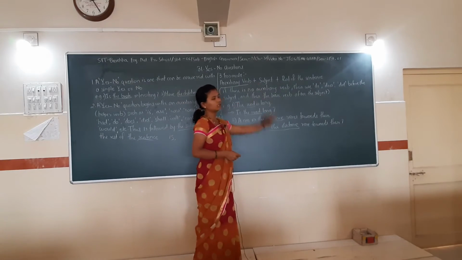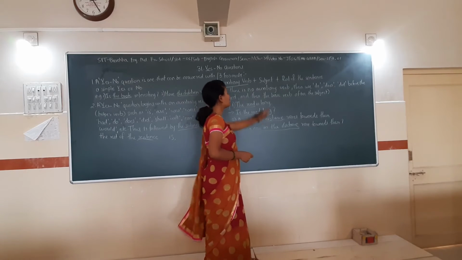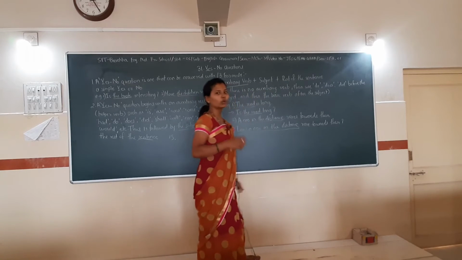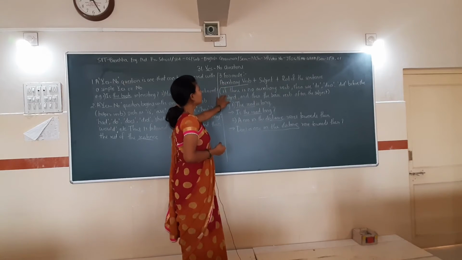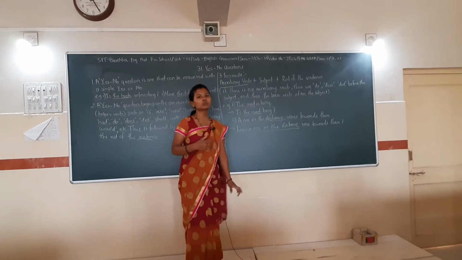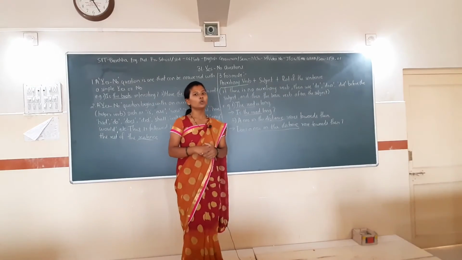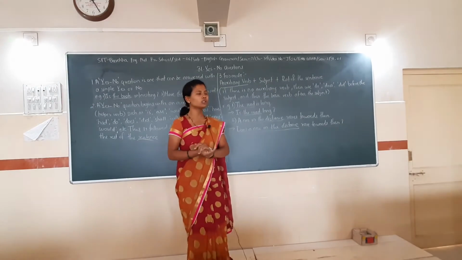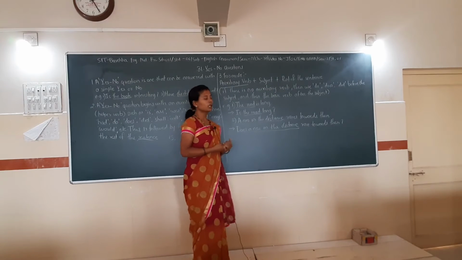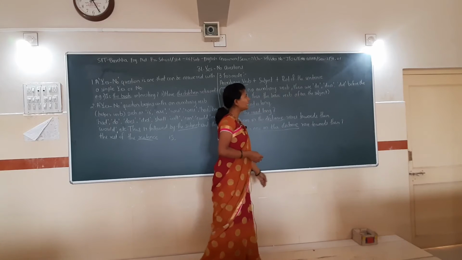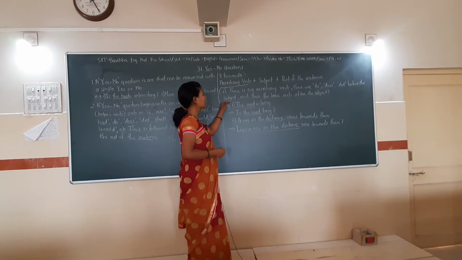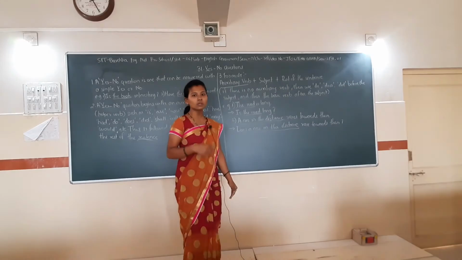After the subject, there should be the rest of the sentence. If there is no auxiliary verb, and in some cases there is none, what will you do? Then you have to add do, does, did before the subject and then the base verb after the subject.